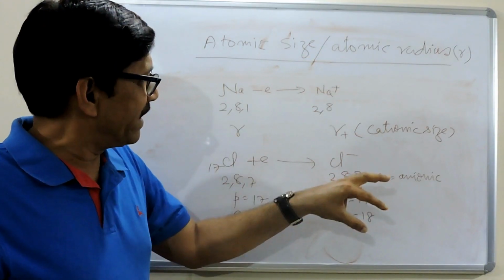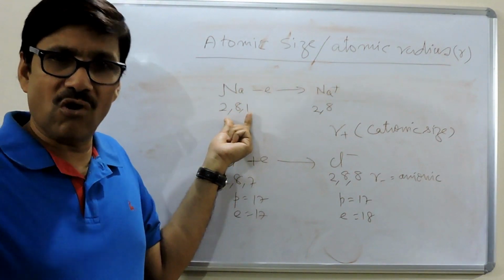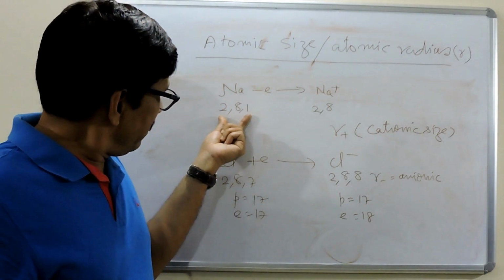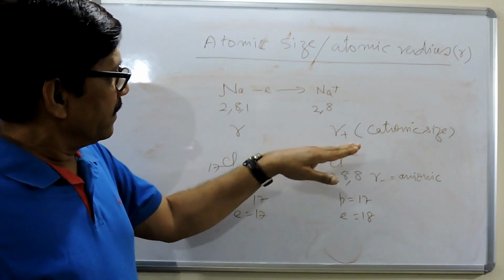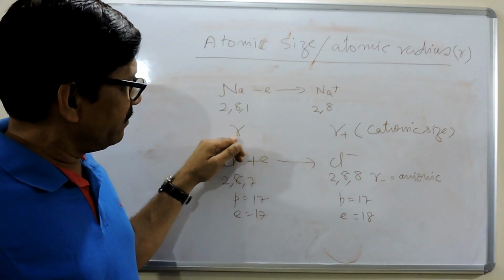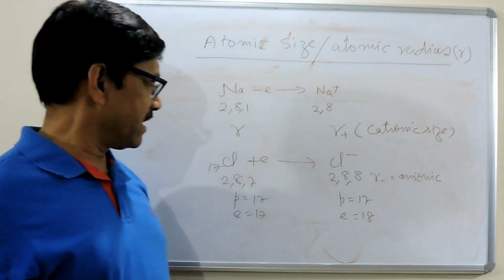So the force of attraction on 10 electrons by 11 protons will be stronger than the force of attraction on 11 electrons by 11 protons. Due to this, cationic size is smaller than the size of the atom, and anions are larger than the neutral atom.